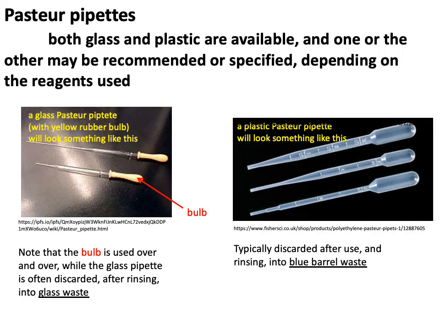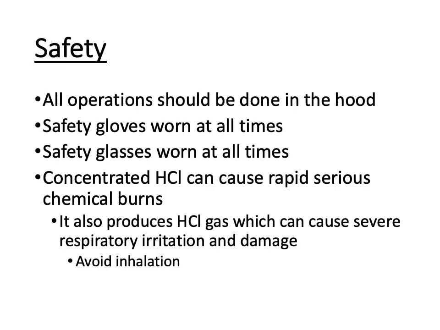We need Pasteur pipettes for mixing and transferring materials. We have them in 2 forms, plastic and glass. For the glass form, we need the bulb to suck the materials out of the test tube. As you see, there are safety cautions. You need to remember them.